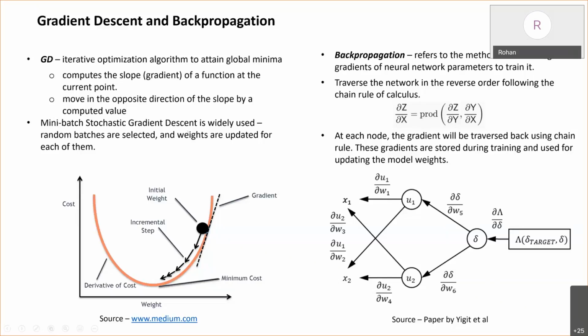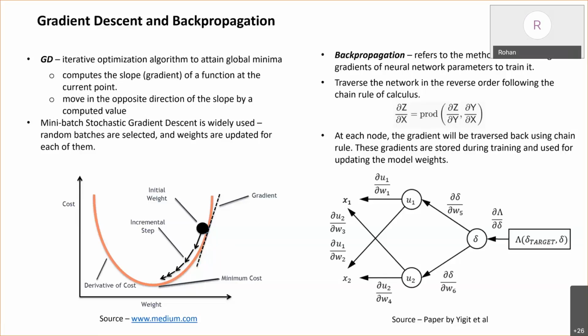Again, I'll reiterate, these are very important concepts, and that's why I wanted to bring up these points over here. Just a quick recap. Gradient descent is an iterative optimization algorithm, right? Every single step that we take towards attaining the global minima is based on the gradient descent algorithm, right?